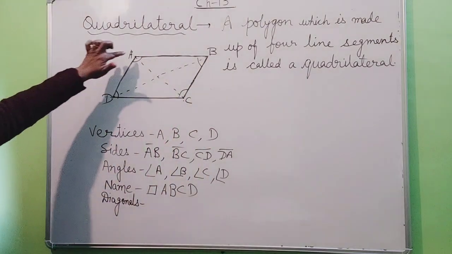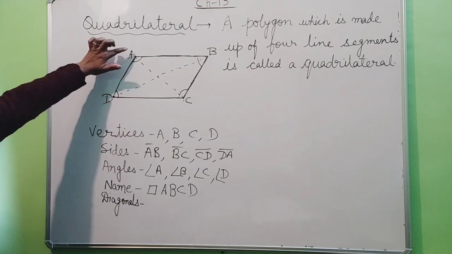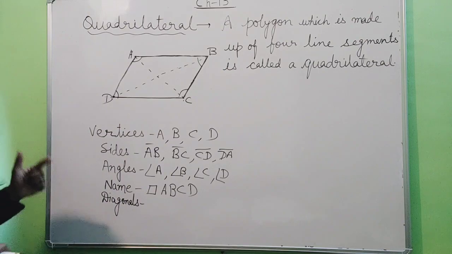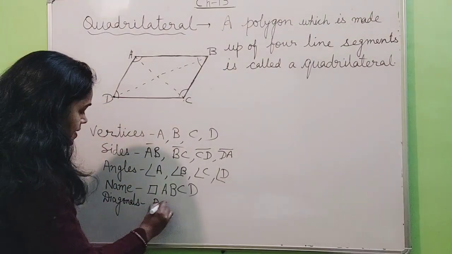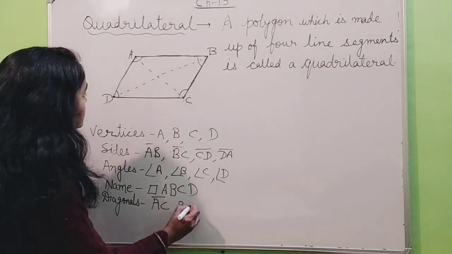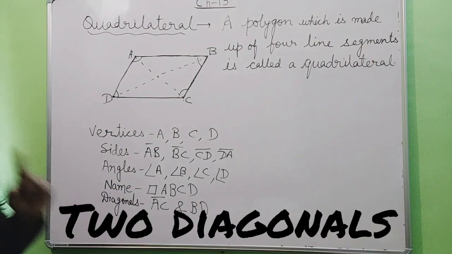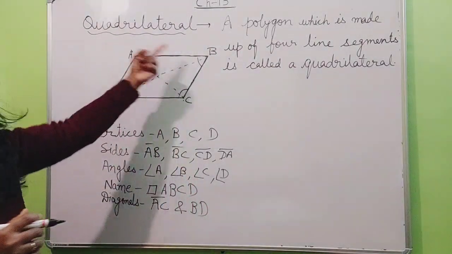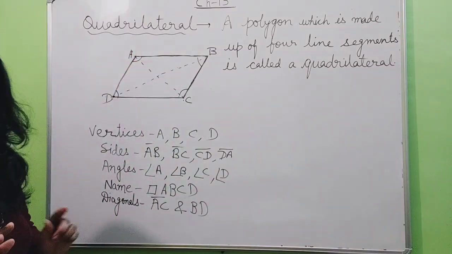These lines which join opposite vertices, like A and C, B and D, are called diagonals of the quadrilateral. So the diagonals are AC and BD. How many diagonals are possible in any quadrilateral? 2. And how many sides? 4. Angles 4, vertices 4.